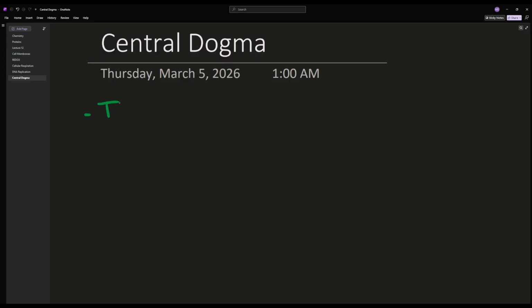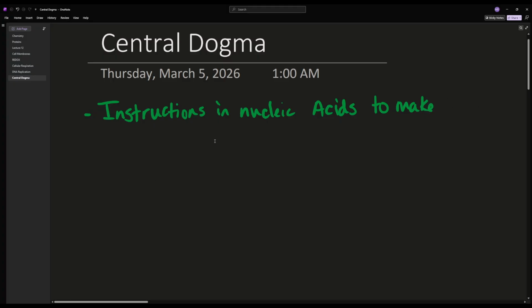So we're going to use the instructions in the nucleic acids to make proteins.